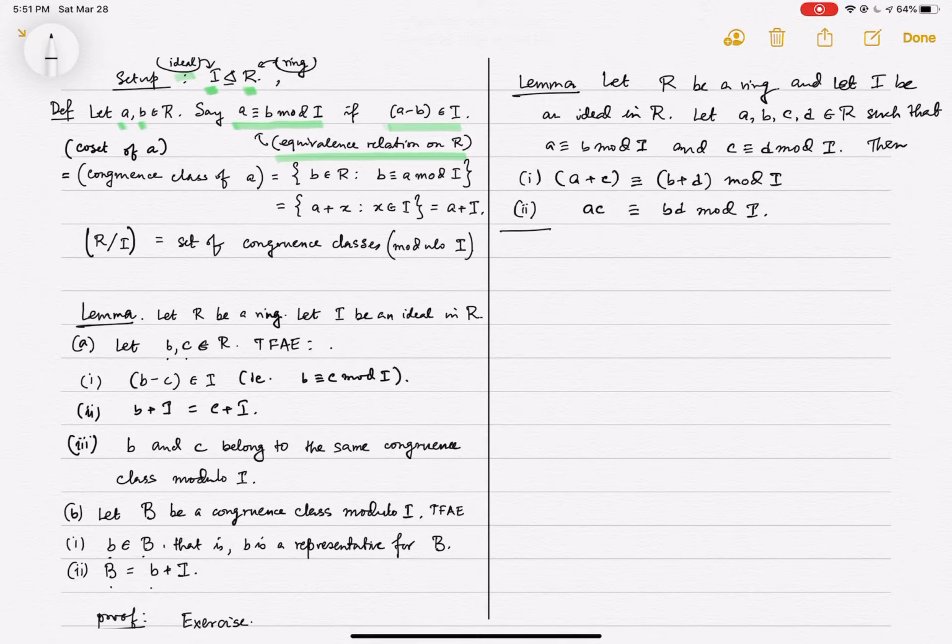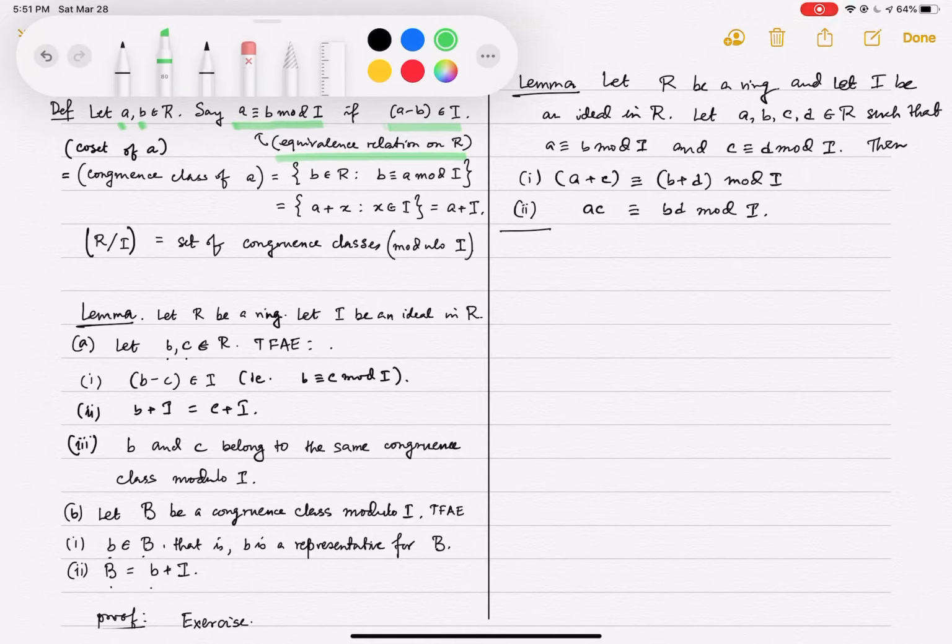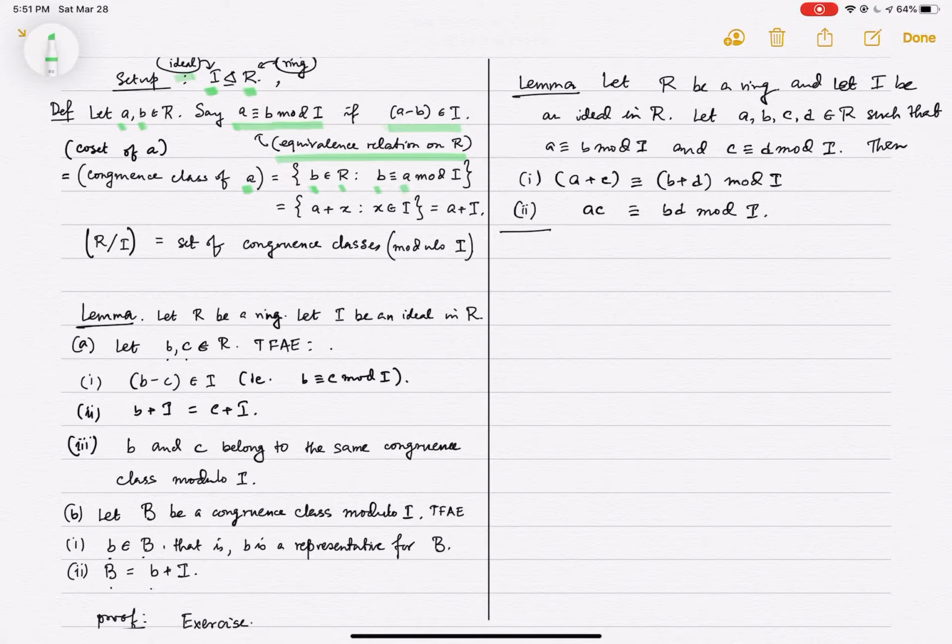So the coset of a, or the congruence class of a, means the equivalence class of a, meaning all the elements in the ring that are related to a via this relation. That set happens to be the set of all elements of the form a plus x, where x varies over the ideal I. So a good notation for this set is a plus I.